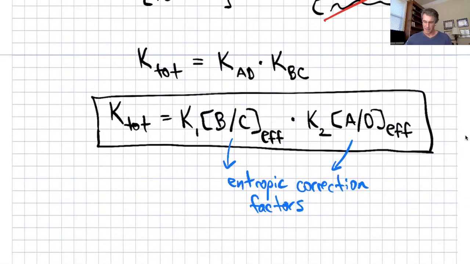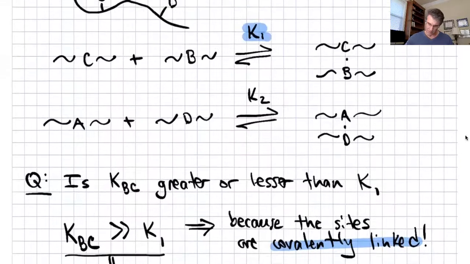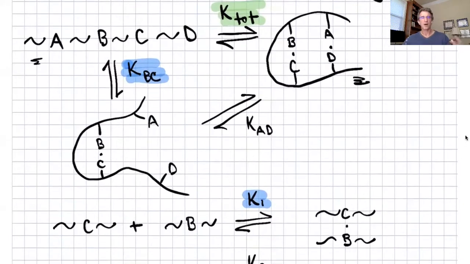So what you can see, if you go back up to this model here, because they're near each other, their ability to form that interaction is much less entropically expensive. And once one is formed, the next one, they're going to be closer together, right? So the AD interaction, once BC is formed, they're closer together, and there's a lower entropic penalty to pairing them up than there would have been forming those guys to begin with, right? And so on and so on and so on.